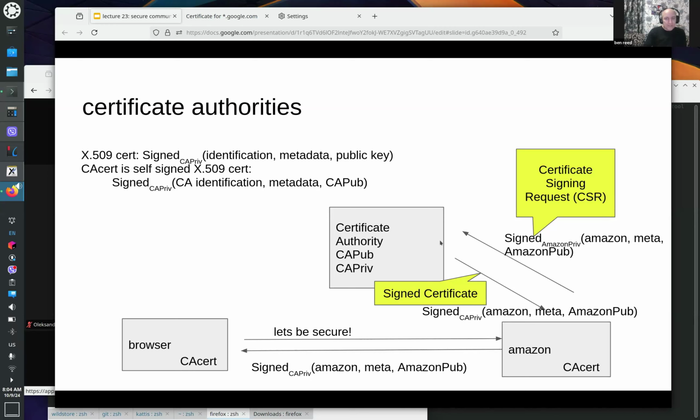Somehow that certificate authority needs to verify that Amazon, the one that sent this certificate signing request, really is Amazon and it's not an attacker. In theory, the way it would do it is it would send an agent to the Amazon headquarters and say, hey, I got this certificate signing request. Is this really you? And they'd say, yes, that's us.